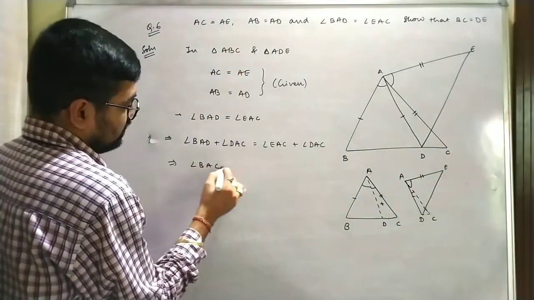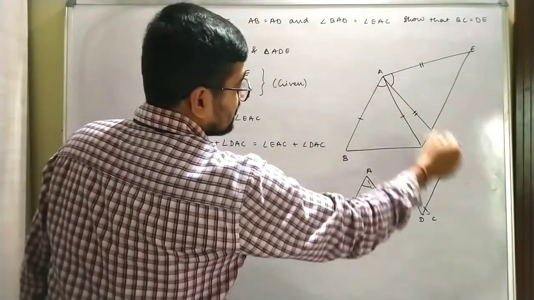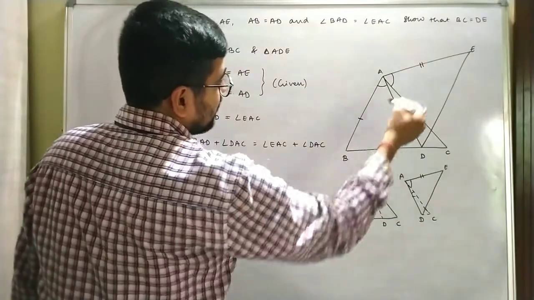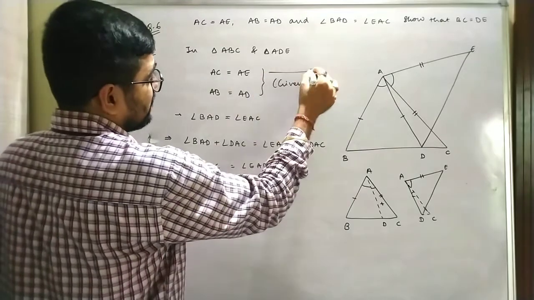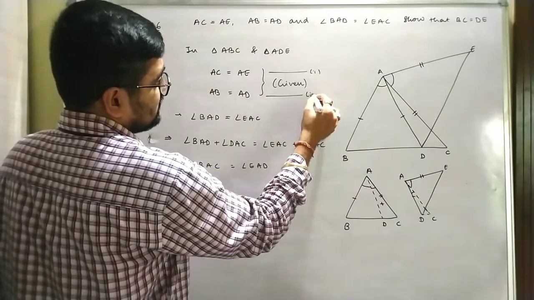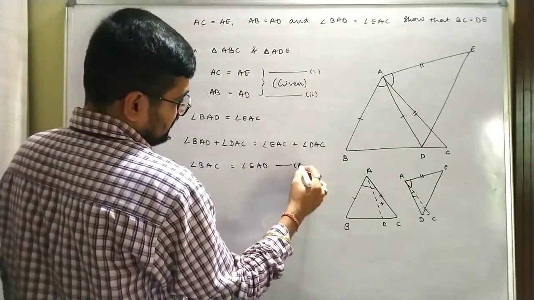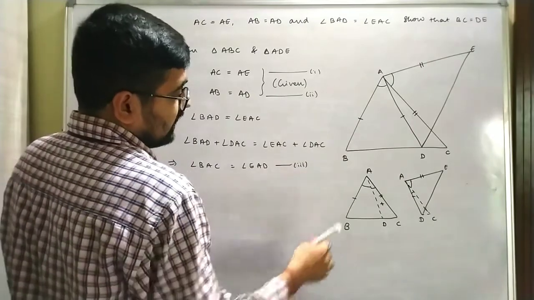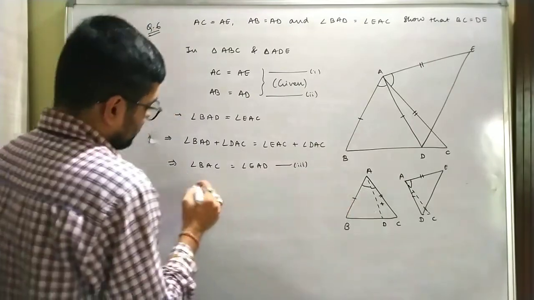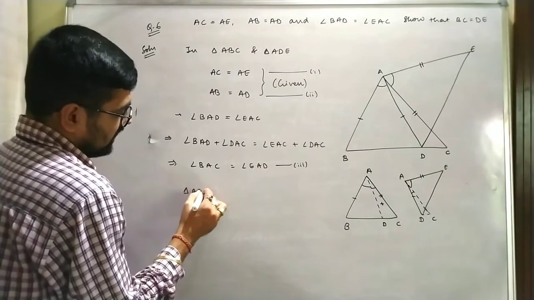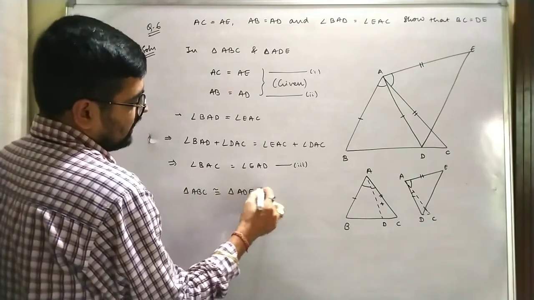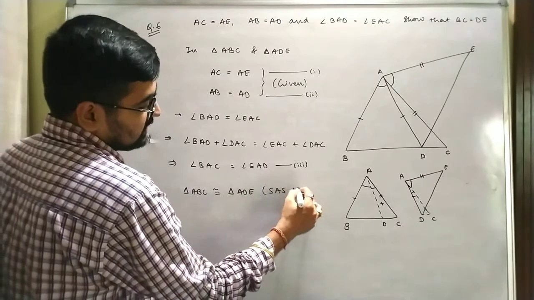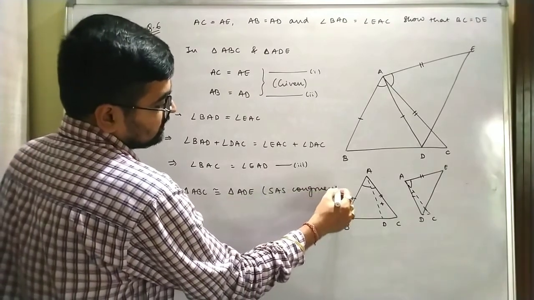And EAC plus DAC will become angle EAD. So this is the first criterion, this is the second criterion, and this is my third criterion. So side angle side, isn't it? So triangle ABC is congruent to triangle ADE by the SAS congruence rule.